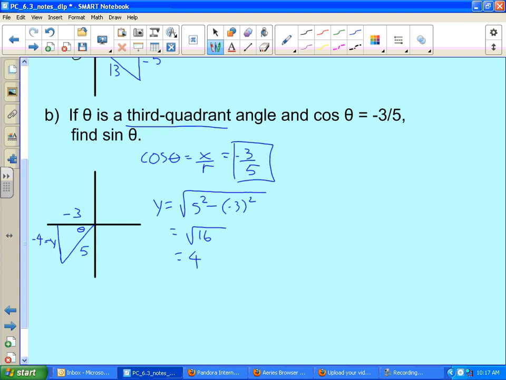It's different than what we did before, where I said I'm going through the point 3, 5. That's completely different. So how did I set my triangle up? First of all, this was the big giveaway: quadrant 3. I drew from my vertex some terminal ray in quadrant 3. And you take your point from that terminal ray and always go back to the x-axis.